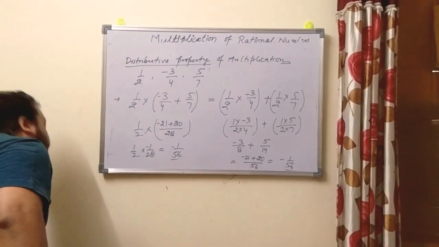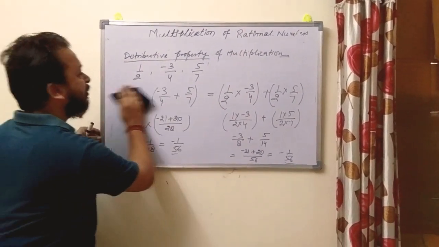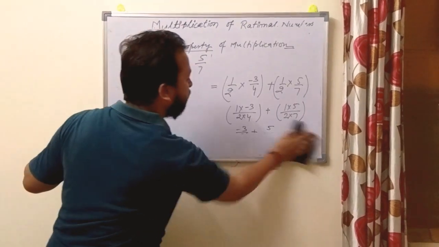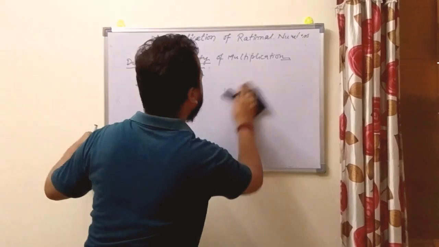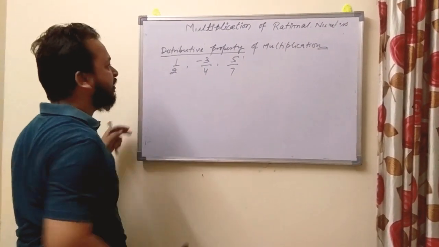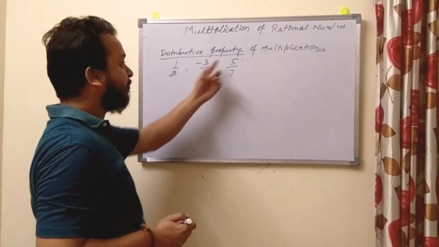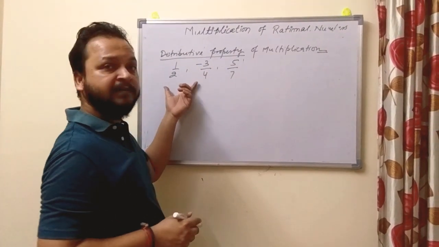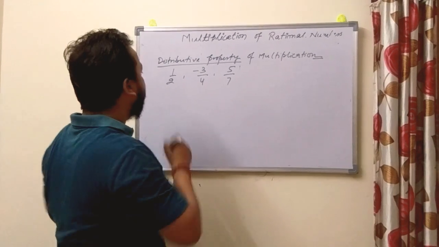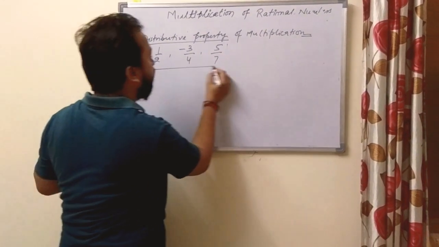So now you have to solve this question and send me the solution by using the distributive property of multiplication over subtraction, right? So this is the question.